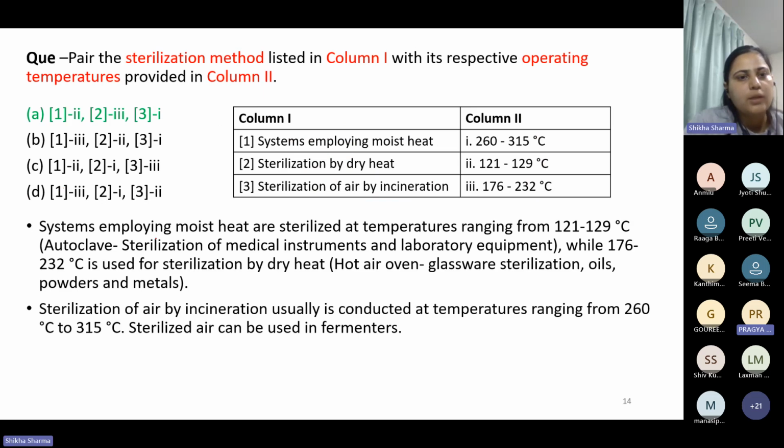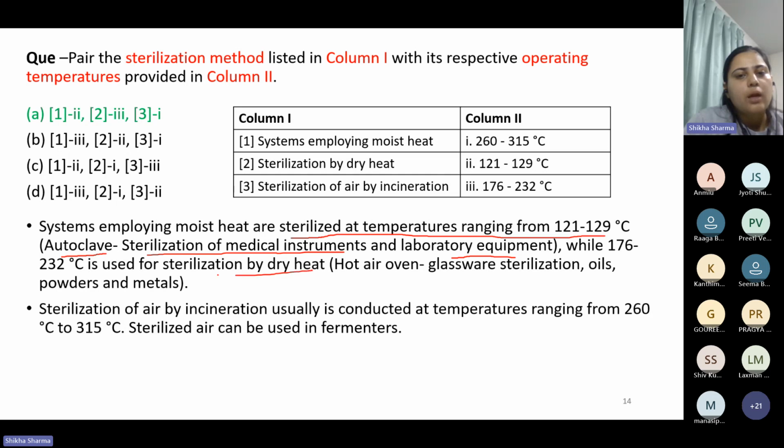So option A is correct, that the system employs moist heat for the sterilization. It has a temperature of around 121 to 129 degrees Celsius, like we see in the autoclave, where we sterilize medical equipments and the laboratory equipments at 121 to 129 degrees Celsius.